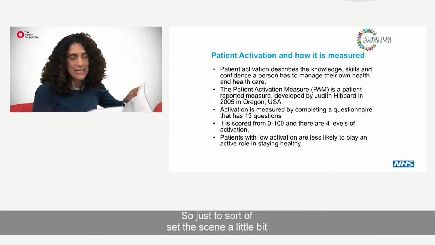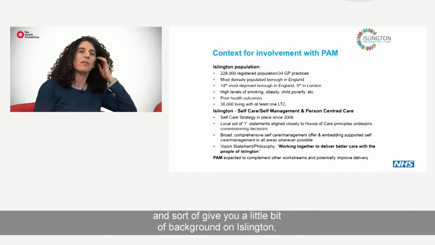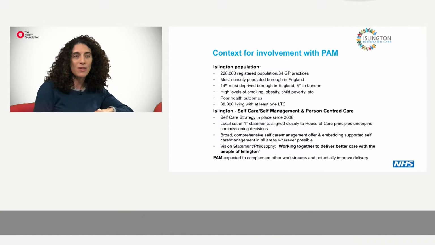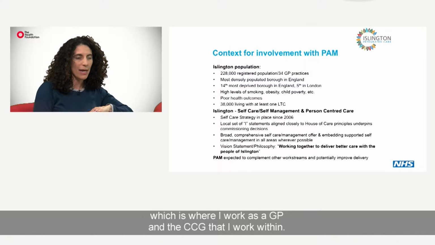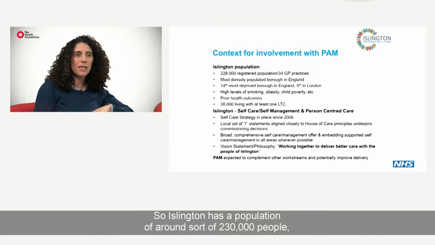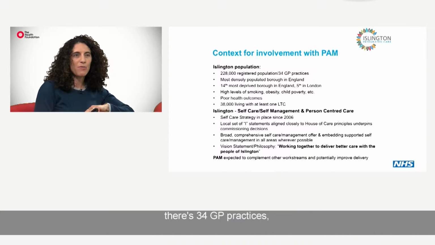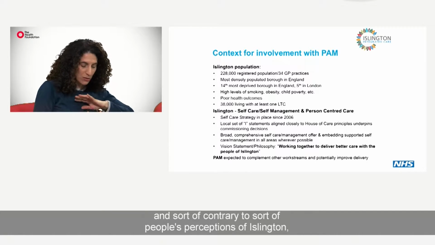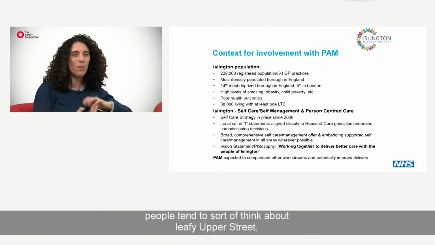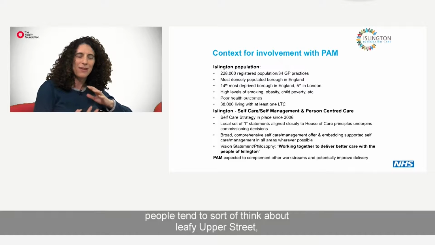So just to set the scene a little bit and give you a little bit of background on Islington, which is where I work as a GP, and the CCG that I work within. So Islington has a population of around 230,000 people. There's 34 GP practices, and contrary to people's perceptions of Islington, people tend to think about its leafy Upper Street.